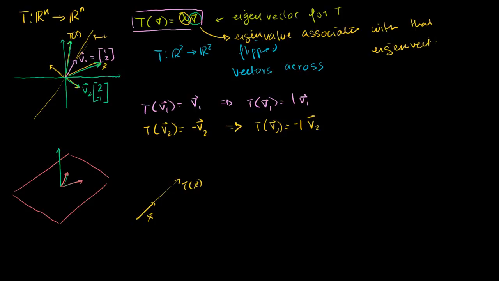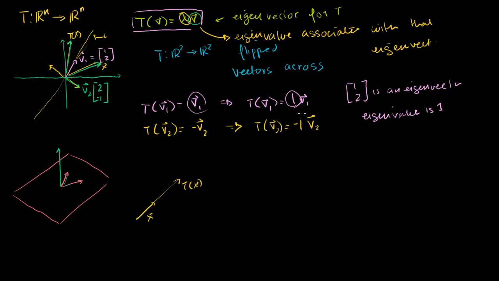So in the example I just gave where the transformation is flipping around this line, v1, the vector 1, 2, is an eigenvector of our transformation. So 1, 2 is an eigenvector, and its corresponding eigenvalue is 1.